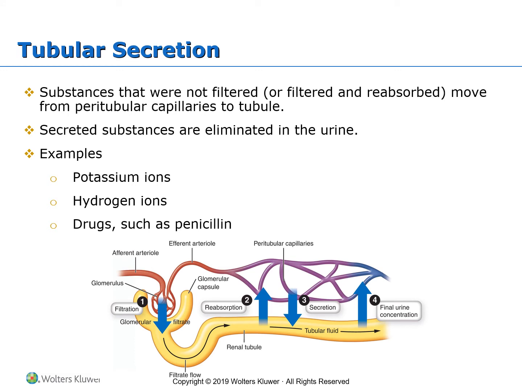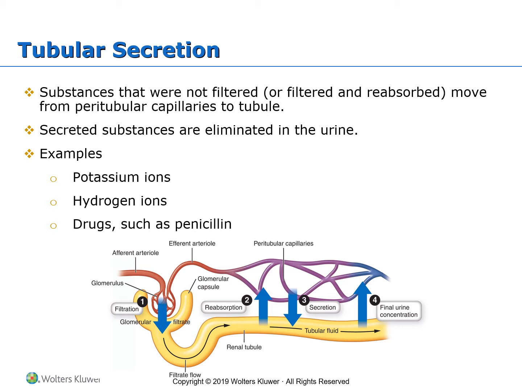We are moving now into another step in the process of forming urine, and this is the tubular secretion. The process of tubular secretion will actively transport some specific substances from the peritubular capillaries into the nephron tubule. So you can see that we discussed number one, which is the filtration. Huge quantities of water with some electrolytes, with some important elements are filtered.